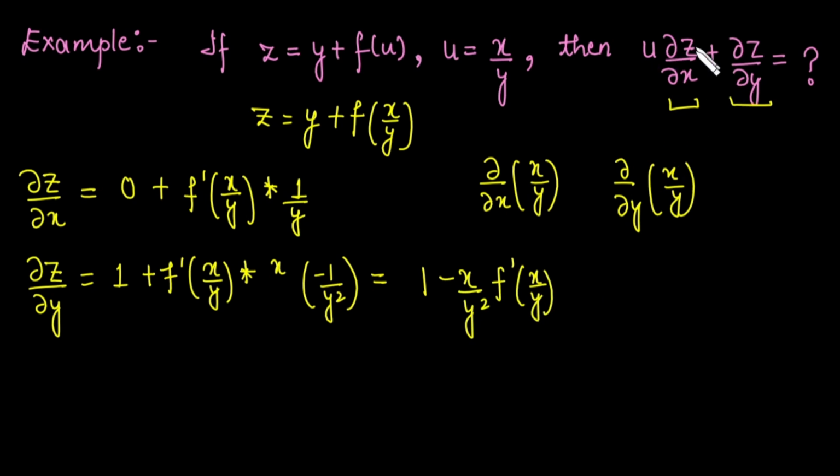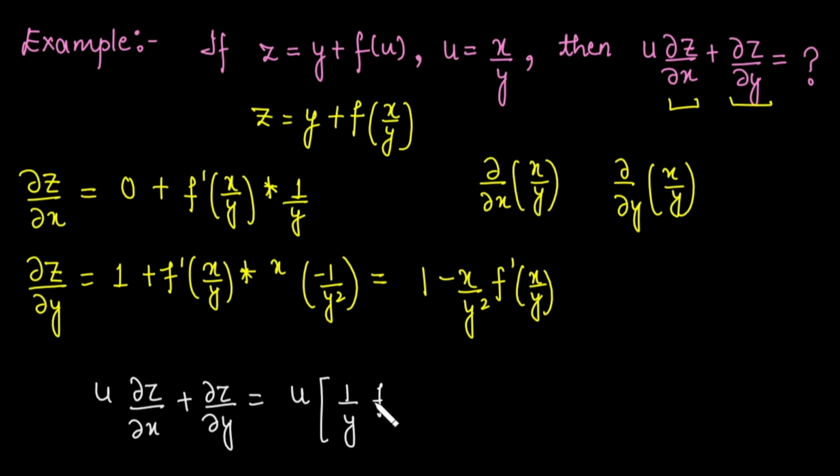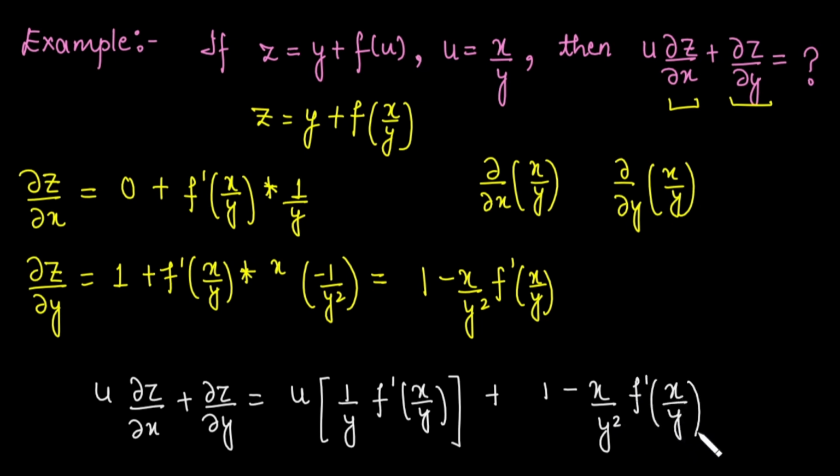Substitute the values of the partial derivatives with respect to x and y in this case. So u times the partial derivative of z with respect to x is 1 by y times the derivative of the function, plus the partial derivative of z with respect to y, that is 1 minus x by y square times the first order derivative of the function.